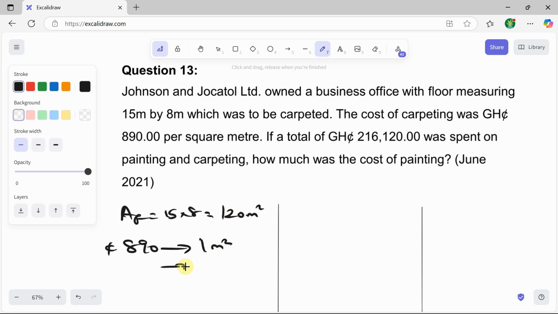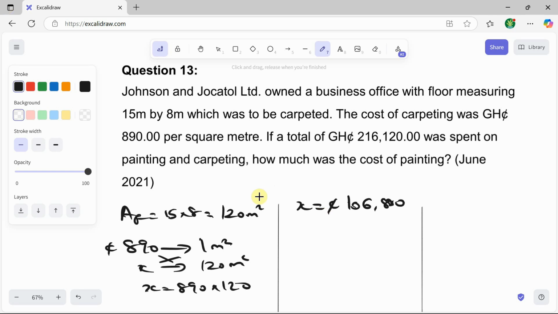So how much was used for 120 meters square? If I cross multiply, x times 1 is x, so my x would be equal to 890 times 120. That means the cost of the carpeting was 106,800 Ghanaian cedis. That was what was spent on carpeting.